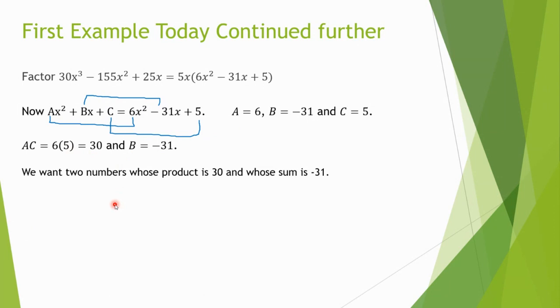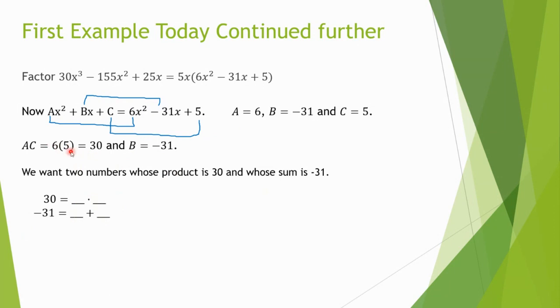Again, 2 numbers whose product is 30. The sum has to be negative 31. And here I'm just being consistent with the notation from before. We just want to fill in the blank, so to say.